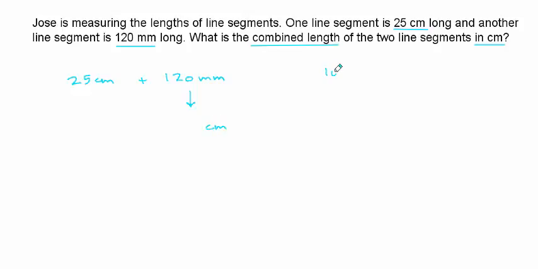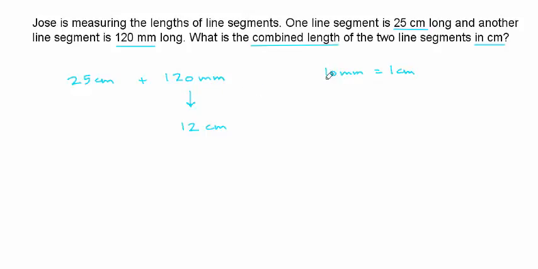Given that 10 millimeters is equal to 1 centimeter, if you divide 120 with 10, you get 12. So you could say 12 centimeters is the same as 120 millimeters. Because you are changing a smaller unit, which is millimeters, to a larger unit, you got to do the division with the corresponding factor.